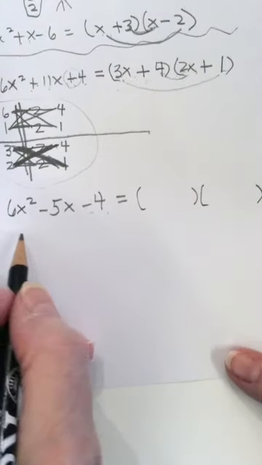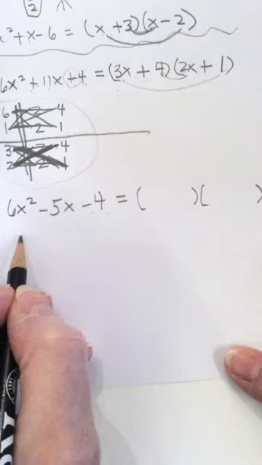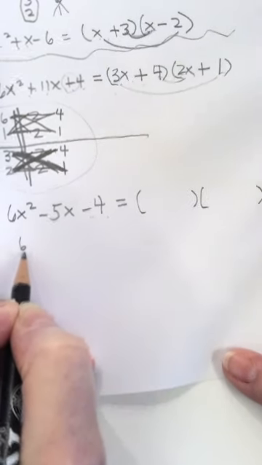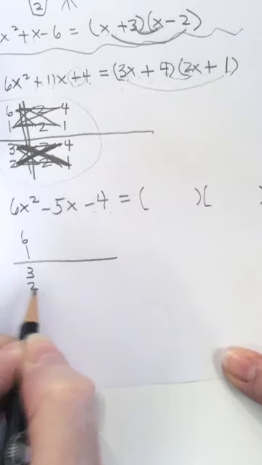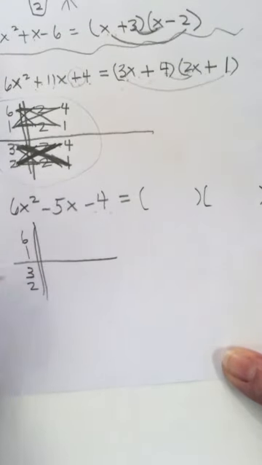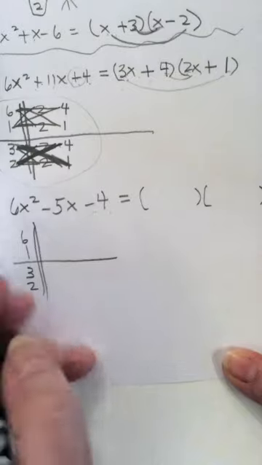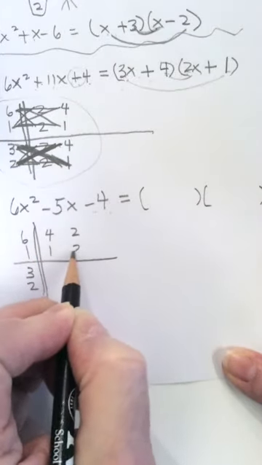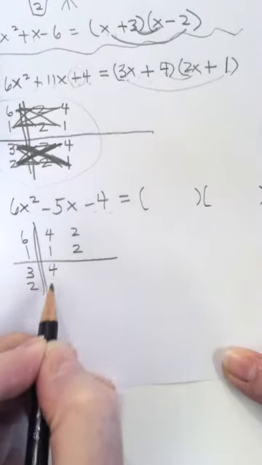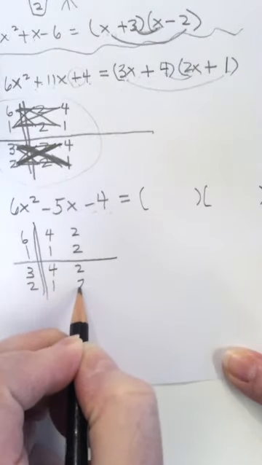To get 6, 6 times 1, or 3 times 2. To get 4, this time I'm going to write 4 times 1 or 2 times 2.